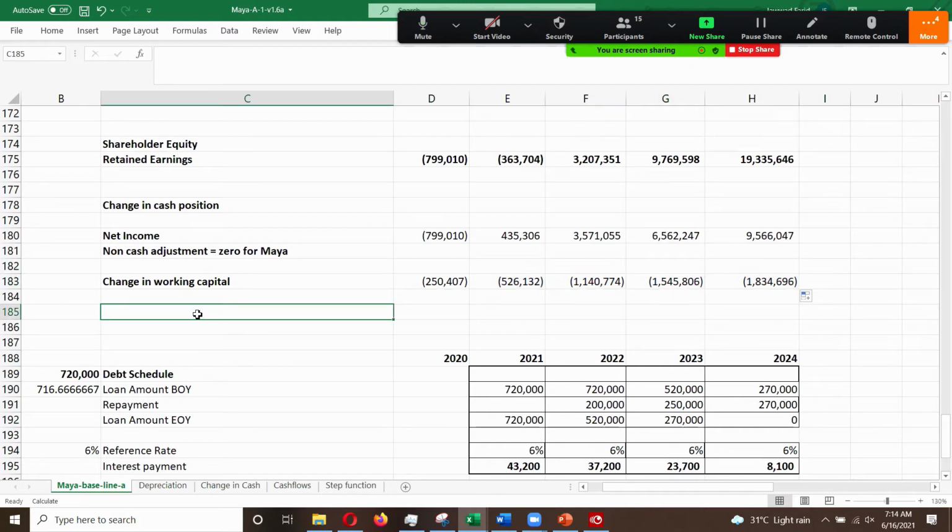And then I have nothing, so I have zero change. So both financing and investment is zero change for Maya.